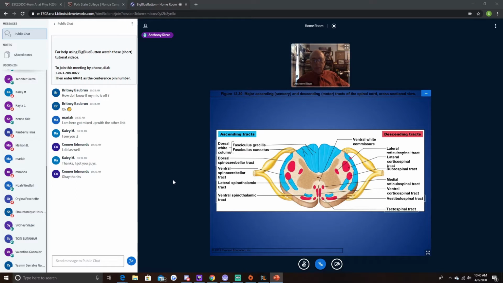There's some sensation lost in the ascending tracts, and there's some paralysis from the descending motor tracts. These cord injuries, the clinical aspects of these cord injuries, are 100% predictable if you understand where these motor and sensory tracts are found in the cord.